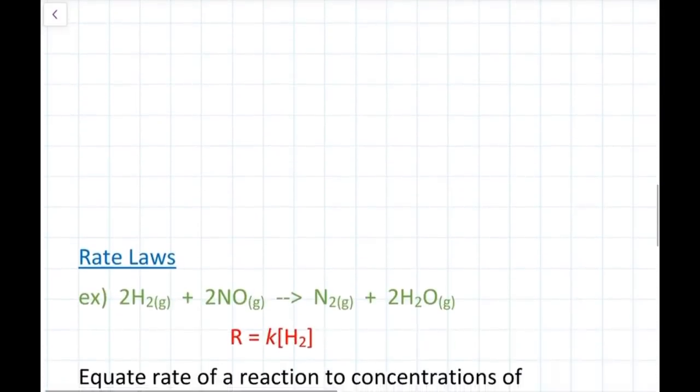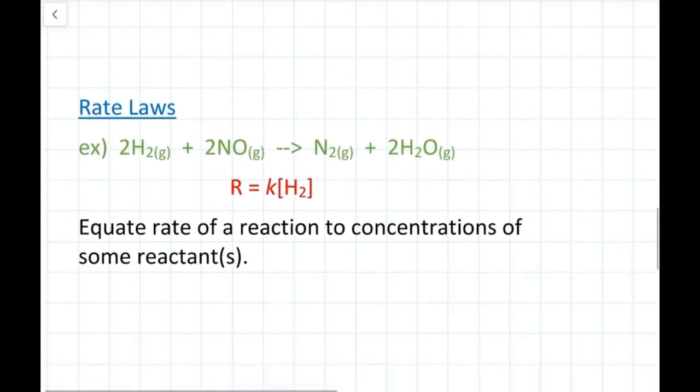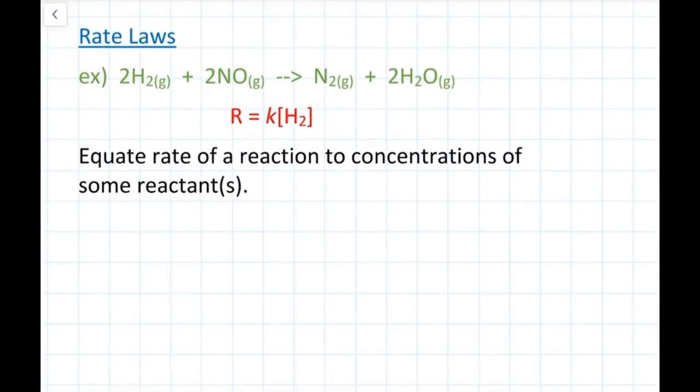But rate laws are our next topic, and this is going to be pretty important to the next lab that we do. So what I've given you there is a balanced equation. Obviously I want you to stop at some point and copy all this down. But you have a balanced equation for a reaction, and then you have this in red here. This is our example of a rate law.